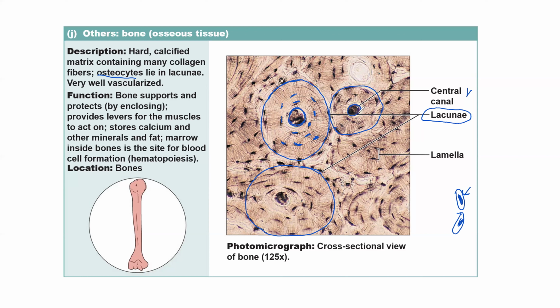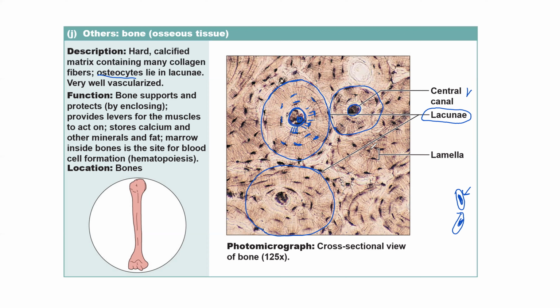Inside you have the central canal. In the central canal you have blood vessels and nerves. You have cells, osteocytes, that surround the central canal. And because you have blood vessels inside the central canal, you need to deliver oxygen and nutrients to those cells. You have these little hair-looking structures. This is called canaliculi. And layers of matrix.